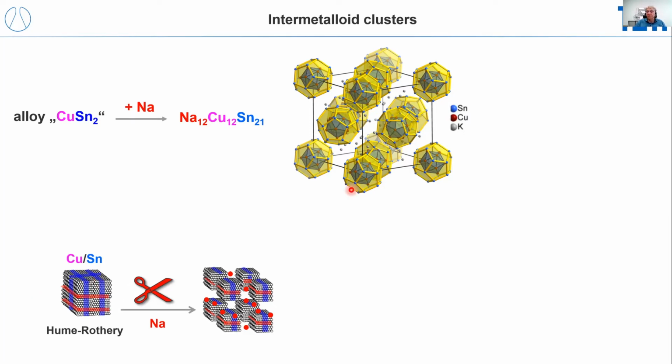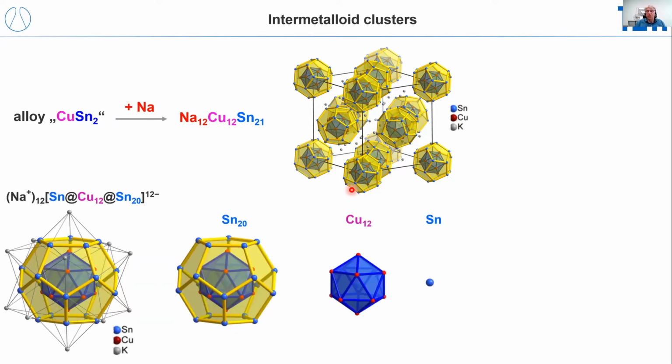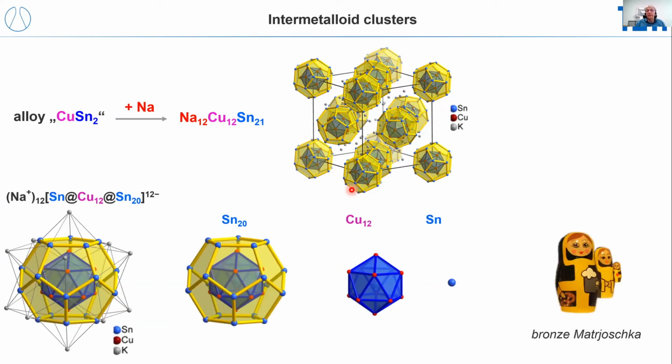And those clusters are really big, and they have a shell type structure exactly like in many other intermetallic compounds. And that's the reason these are bronzes. Copper and tin compounds are bronzes, so we call this bronze matryoshka. This is a nice Bavarian variant, not a Russian variant, with a beer and a pretzel.